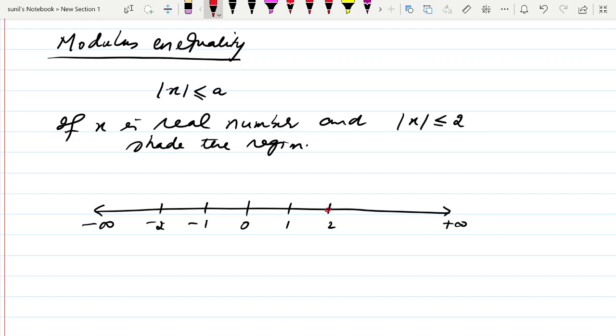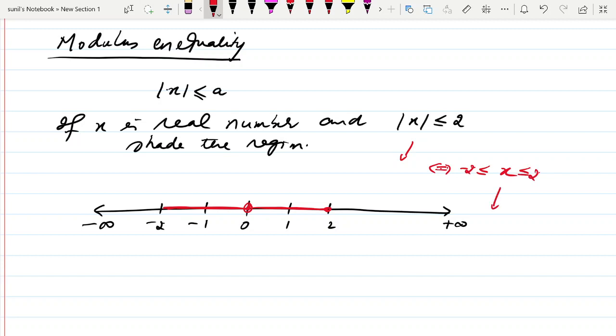So we mark the point here. If we move towards the origin, we measure the distance from the origin, so this region will be shaded automatically. Similarly, from the left side also. It will automatically imply that x lies between minus 2 and 2.